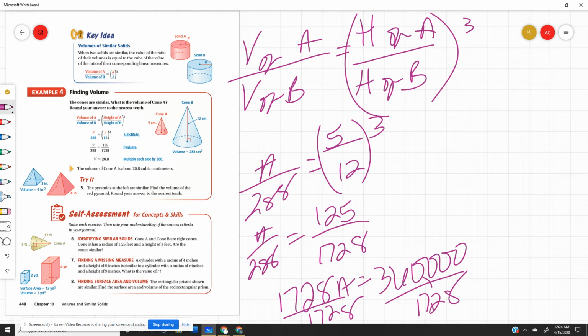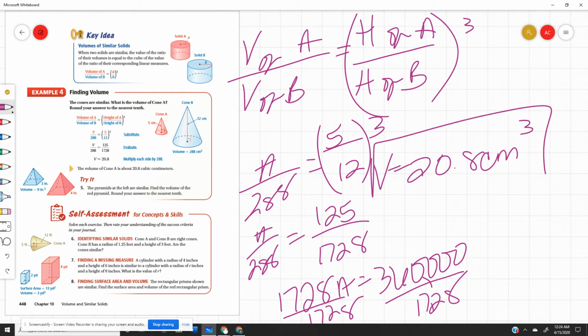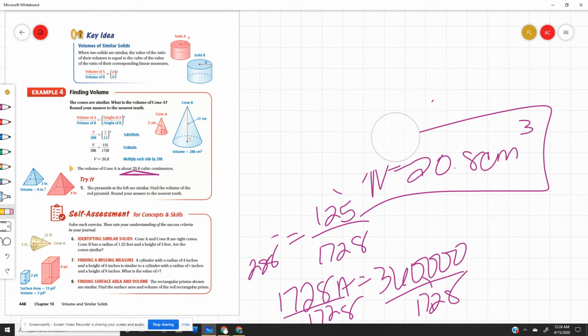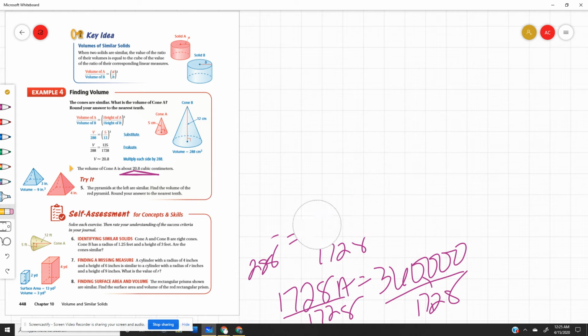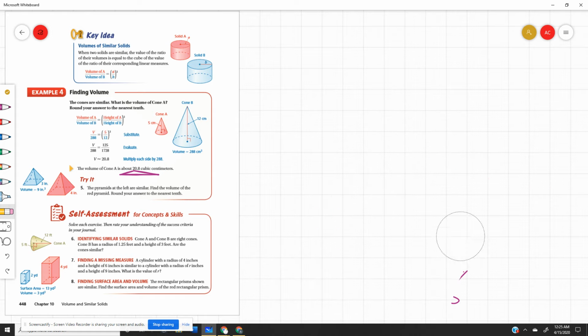You get 20.8. And then we are dealing with volume, so centimeters cubed. Okay, our volume equals 20.8 centimeters cubed. I rounded, so did they. Same thing, except because you're dealing with volume, you cube the ratio of the side lengths instead of squaring it.